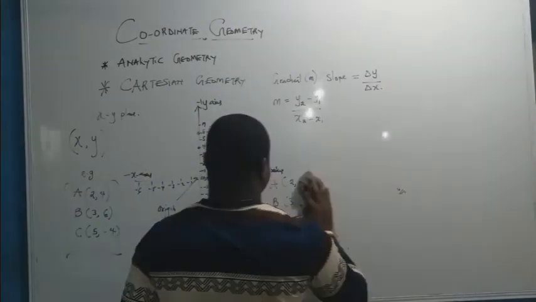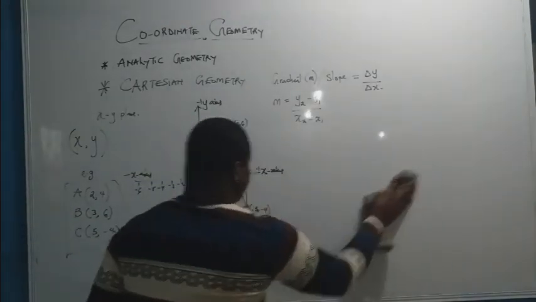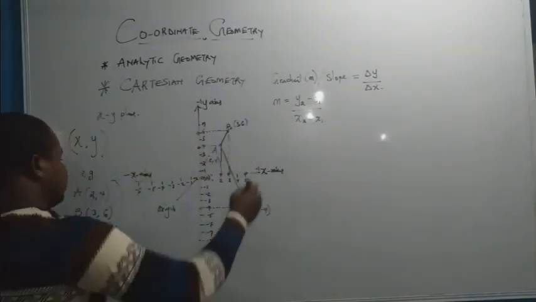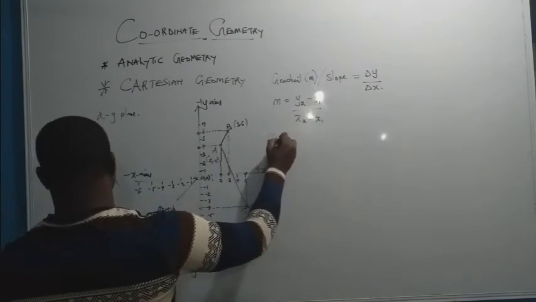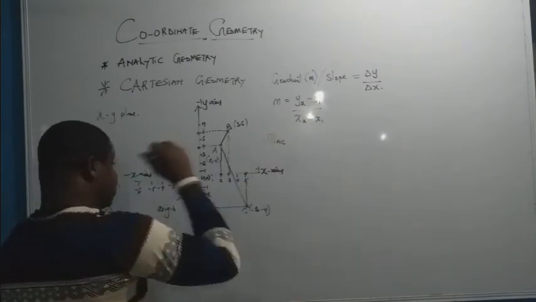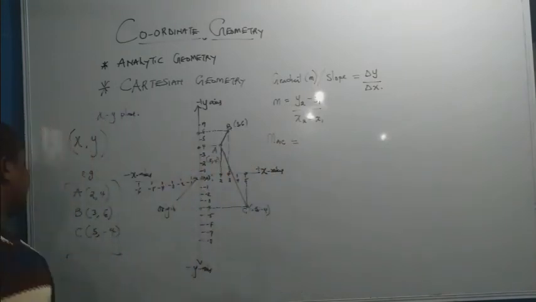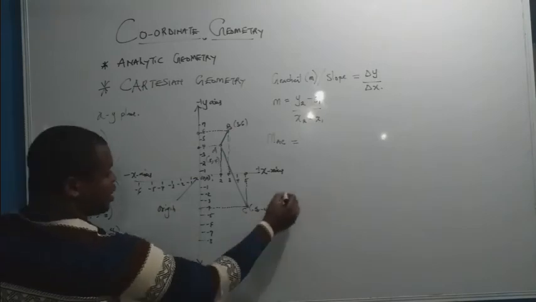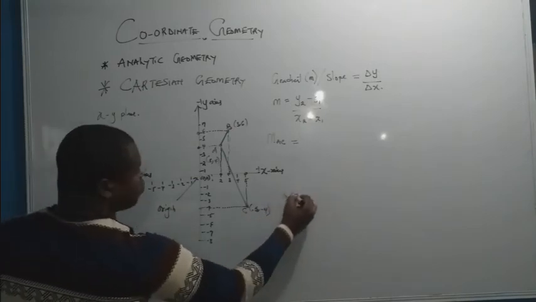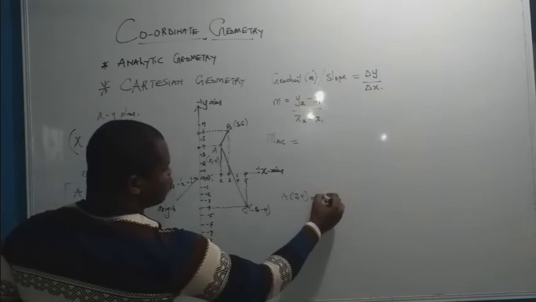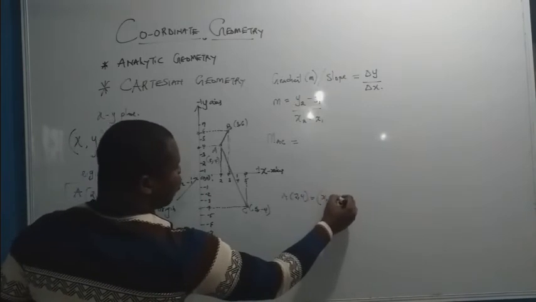Let me erase this. So we have the gradient AC, is equal to what is your y2. So you write it in, right? A in bracket 2, 4 is equals to x1, y1.